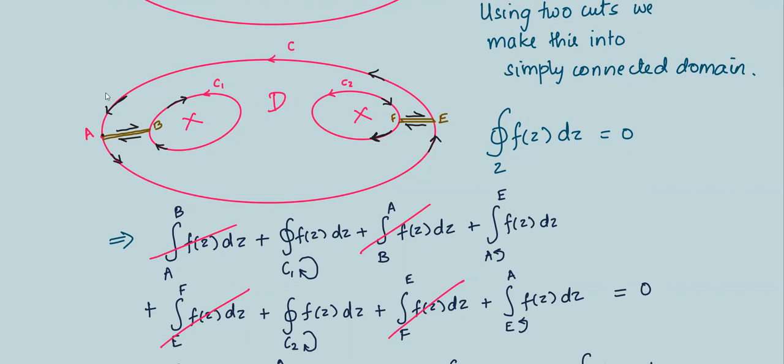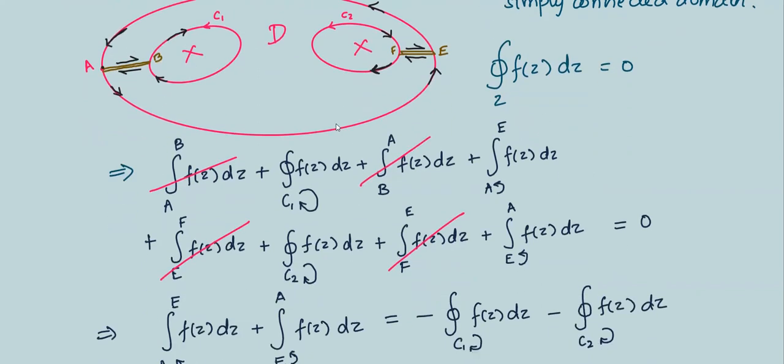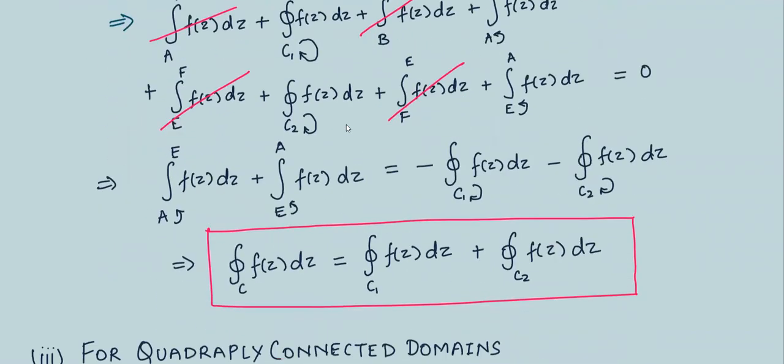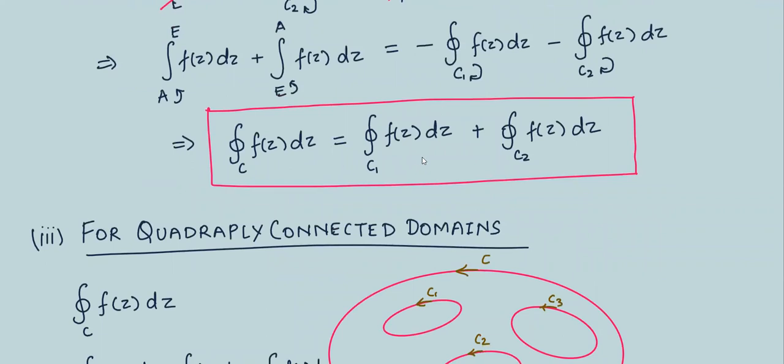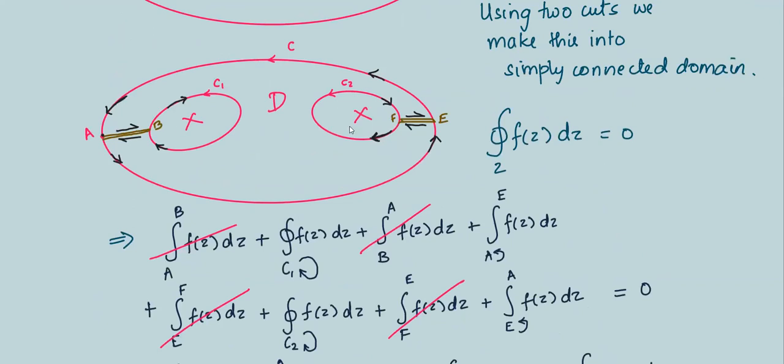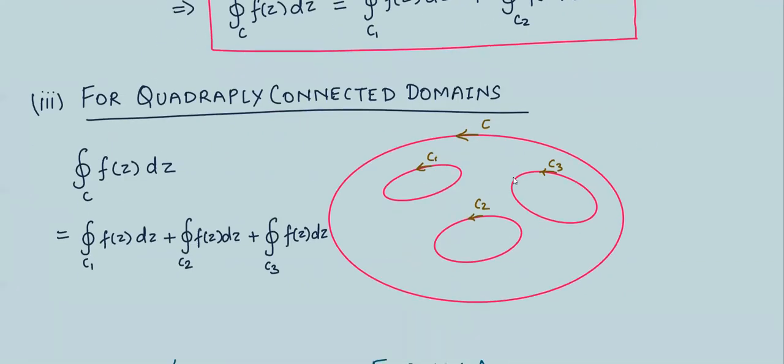Now this path C, the contour integral of the function around C is equal to the sum of the contour integrals around C1 and C2 here. So for a quadruply connected domain, the contour integral around C is the same as the contour integral around C1 plus the contour integral around C2 plus the contour integral around C3.